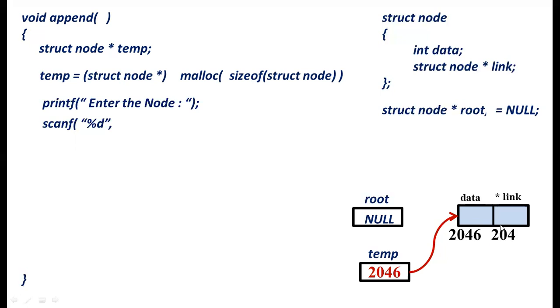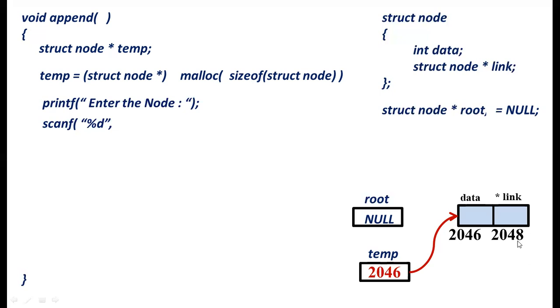The address will be 2046, and for the link field, the base address will be 2048, because here we are considering the data is of type integer and an integer occupies 2 bytes. This was randomly allocated when we declared this struct node. So for 2046, we add 2, and it becomes 2048.